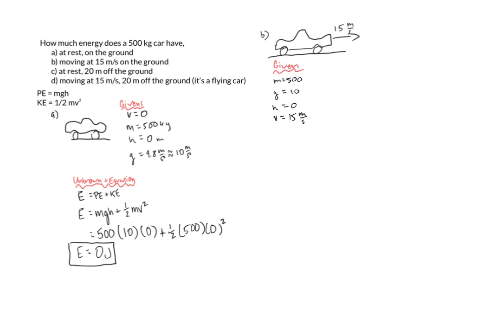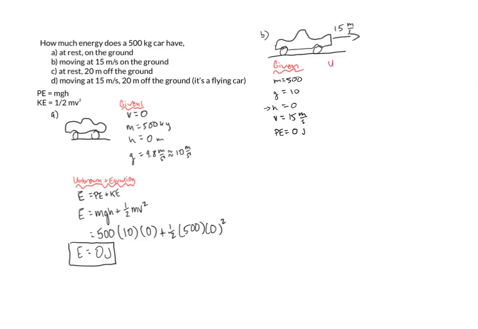Now, our object is on the ground, so that means that we know that our potential energy is 0 joules. If you don't believe me, you can go ahead and calculate that out, but remember mgh is going to be multiplied by our height here, which is 0, which is going to, of course, give us an answer of 0. Again, if you don't believe me, try it out for yourself.